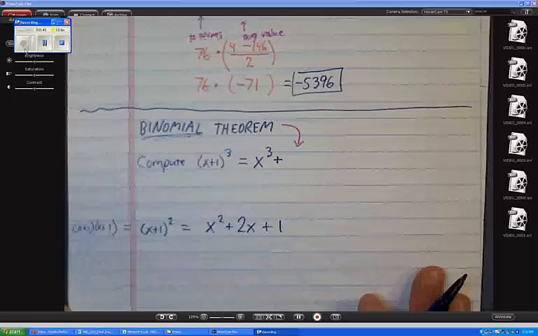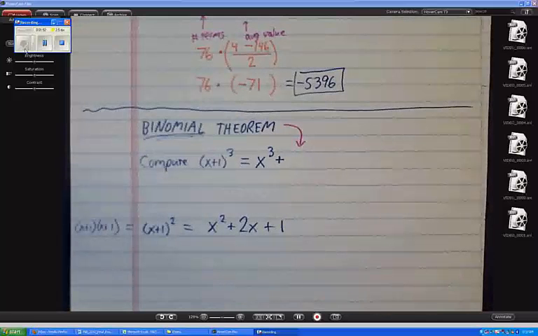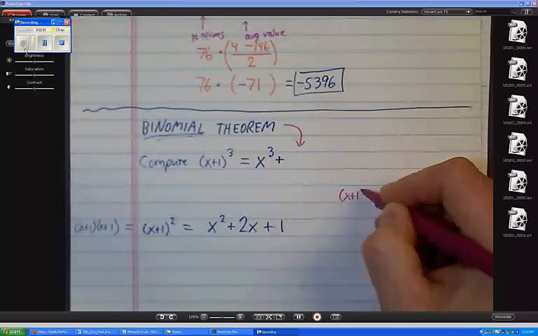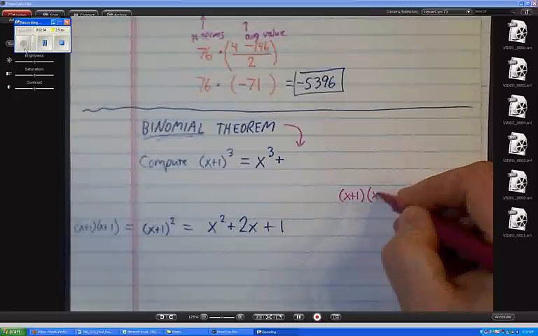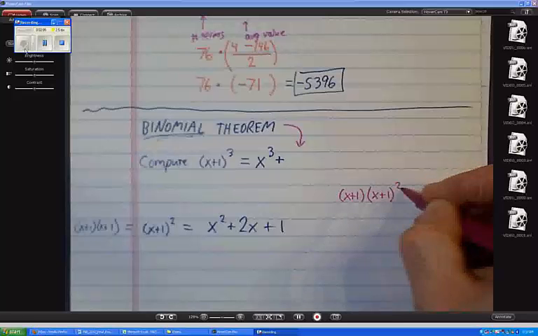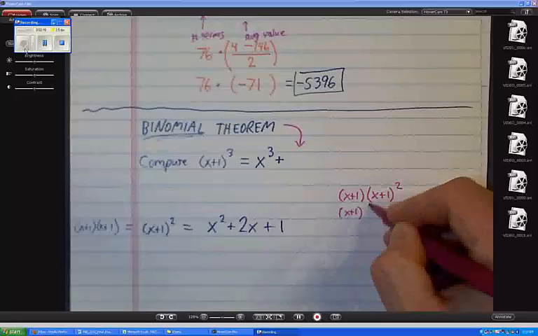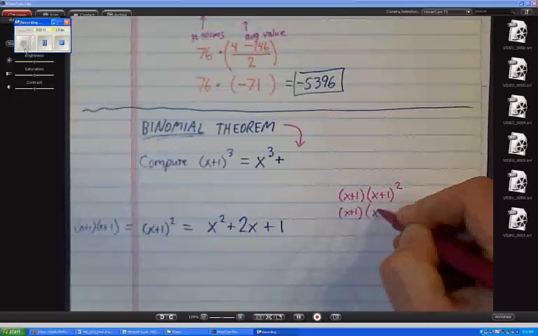So if I want to figure out what x plus 1 cubed is, all I have to do, I guess, is work out what? X plus 1 times x plus 1 squared. Right? And that's x plus 1 times, you guys told me, x squared plus 2x plus 1.